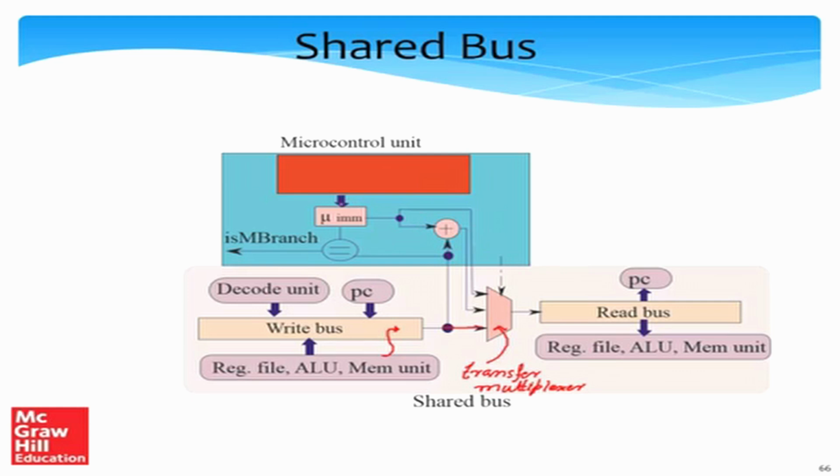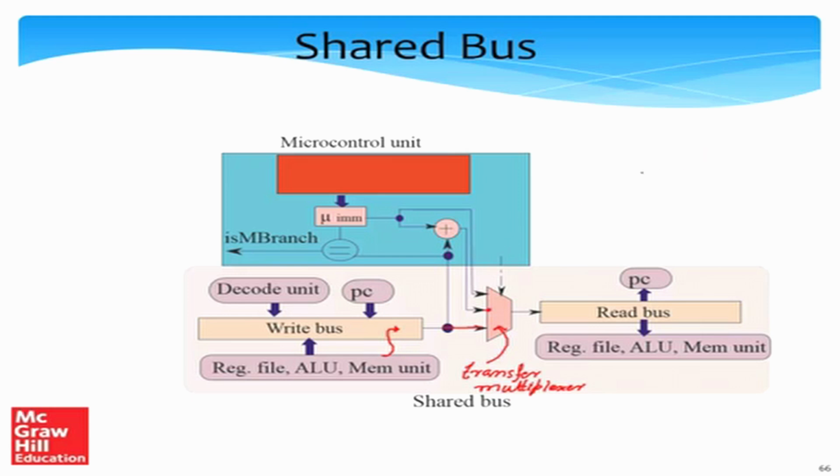The microcontrol unit parses the immediate field, just in case there is a micro immediate that we are using, like an madd or mmovi. In this case, the micro immediate is added to whatever register value is being sent on the write bus. And the added value is the second input. Like in an madd instruction, the result of the addition of the micro immediate with the micro register value will be sent as the second input of the transfer multiplexer.